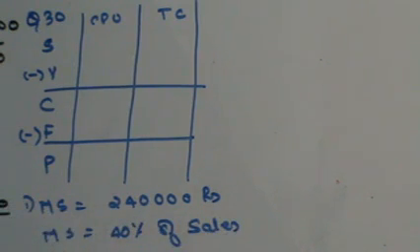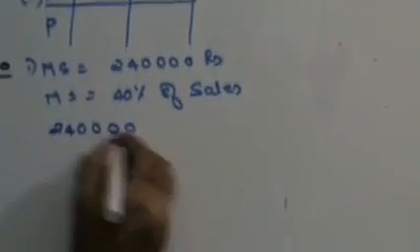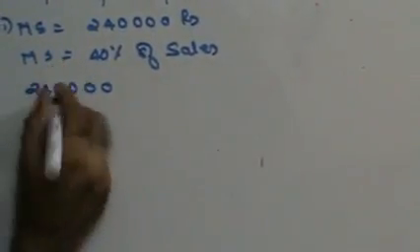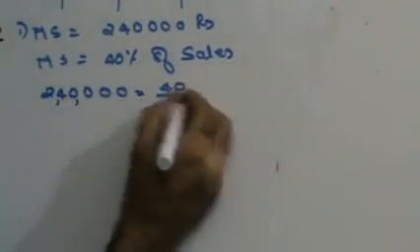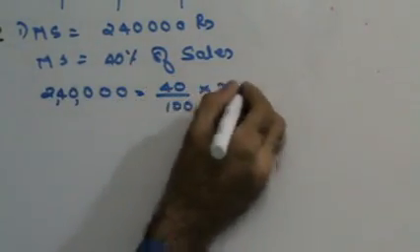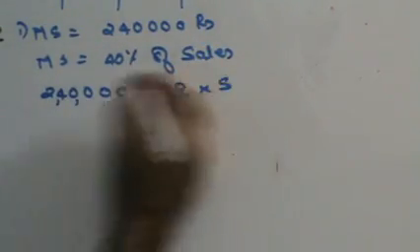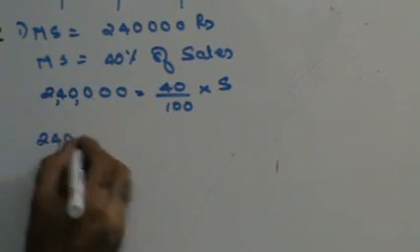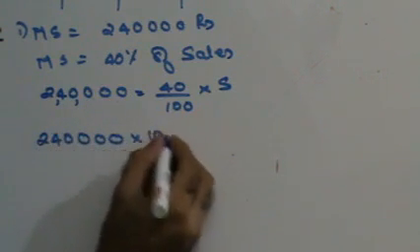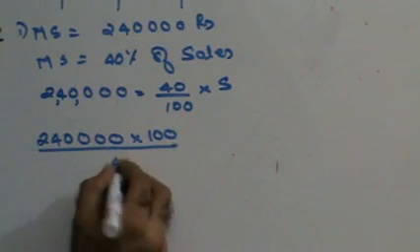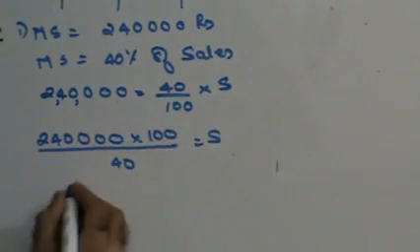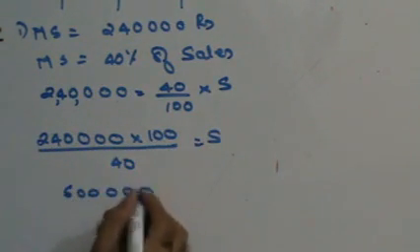That means I can say 2,40,000 is 40% of sales. So in that case, 2,40,000 into 100 divided by 40 gives me sales. That means 6 lakhs. So sales is going to be 6 lakhs.